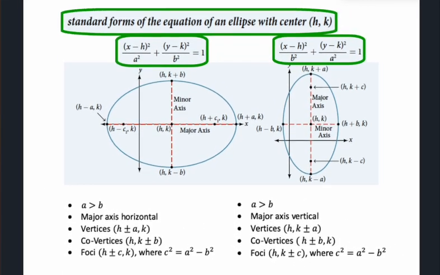Again, if the larger value a is under the x, it's going in the x direction for our major axis, but now the center is at (h, k). Same thing here: our center is at (h, k), and the larger number is under our y, so the ellipse is standing up and the major axis is going up and down.